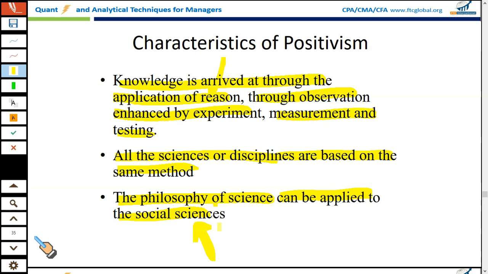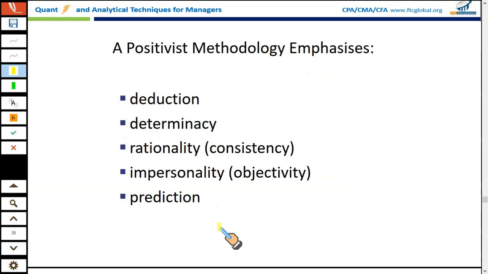So the philosophy of science can be applied on natural sciences as well as on social sciences. That's the basic idea. So overall, positivism emphasizes that scientific methods are the best way to obtain reliable knowledge, both about the natural world through natural sciences and human society, that would talk about social sciences.